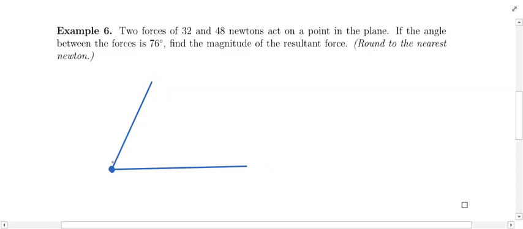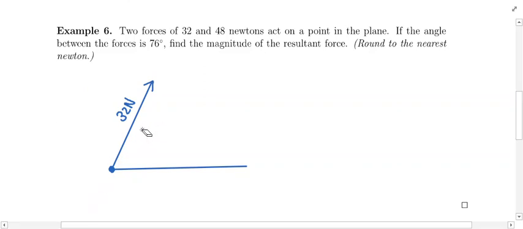Okay, so the point is the object or the car or whatever you want it to represent. Think of it like if this were the car, it's being struck by these forces. Okay, so one force is going to be 32 newtons, and that's usually just a capital N. And when it hits the car, it's acting in this direction. Okay, so that's my first vector. And notice this is the shorter vector.